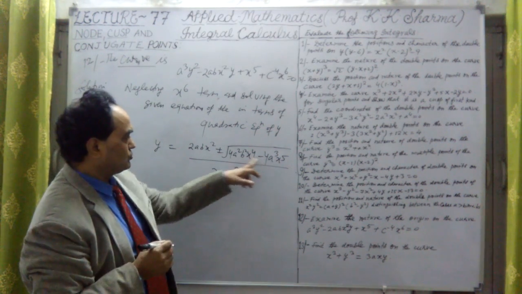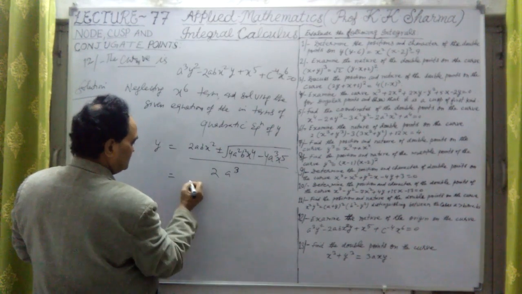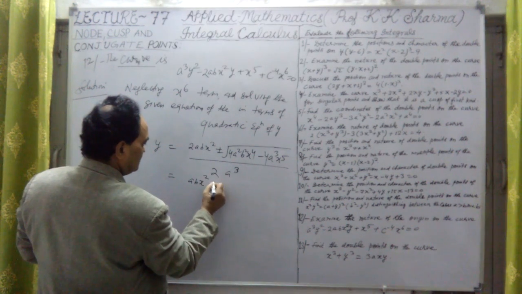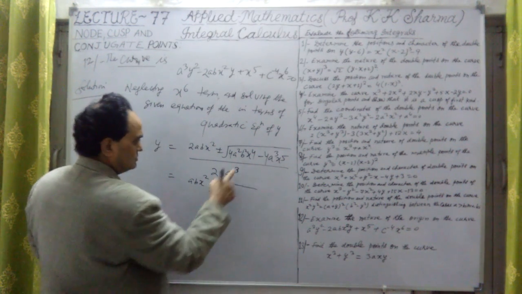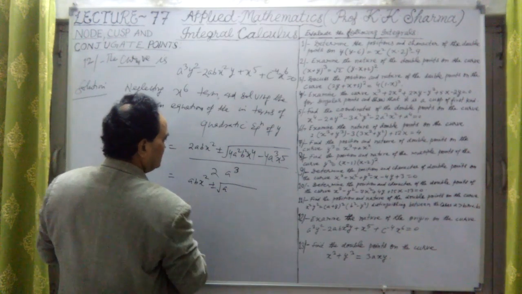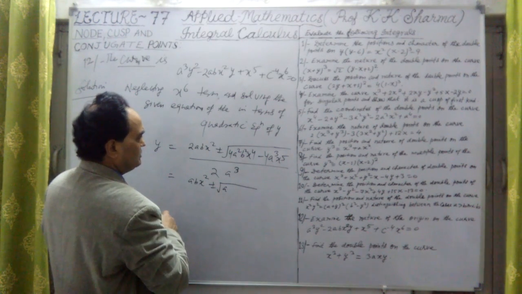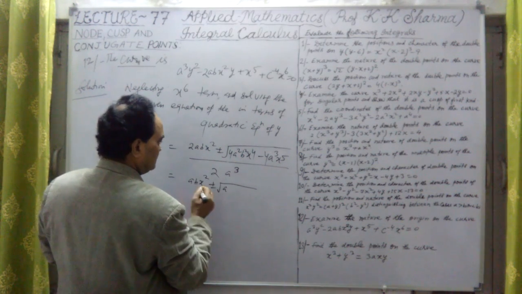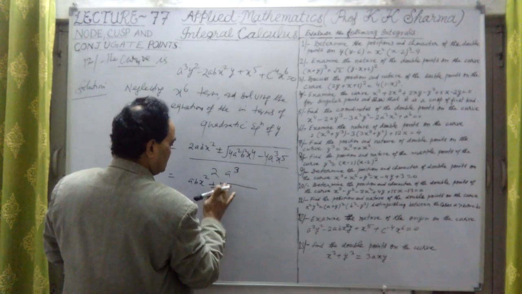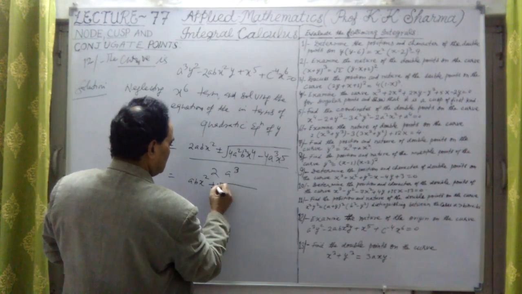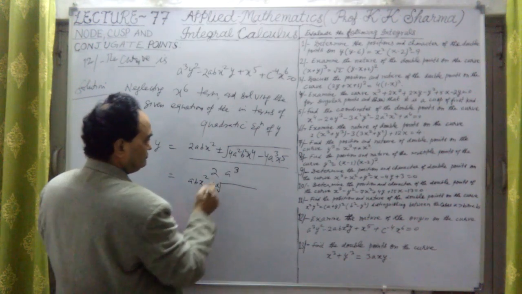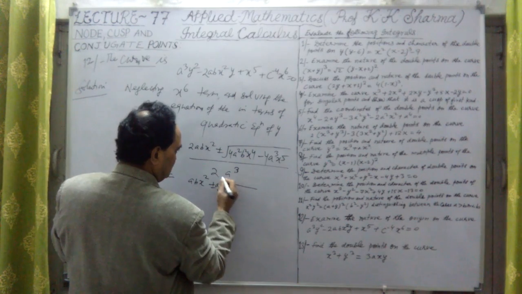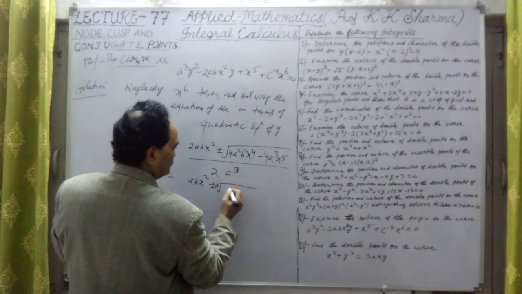Now if I take 4 common out of this, the 2 will cancel out. It will be only abx² ± under root, and a² can be taken out, so a comes out and 4 is also gone.